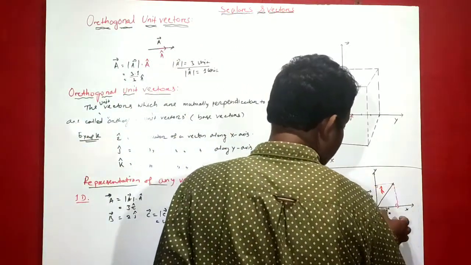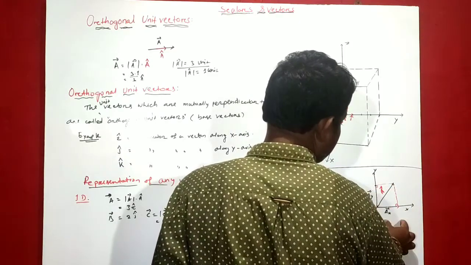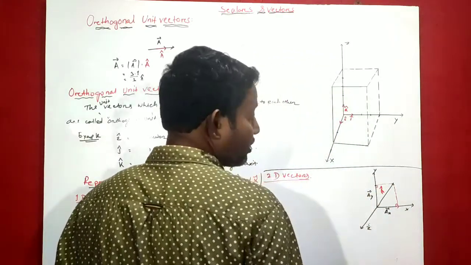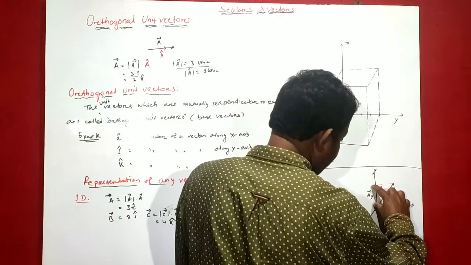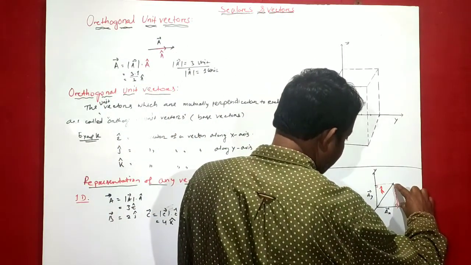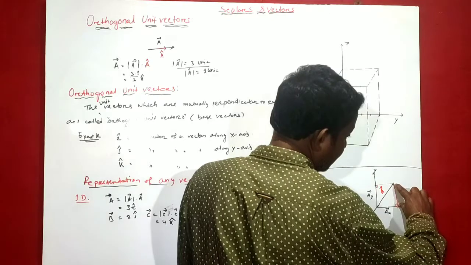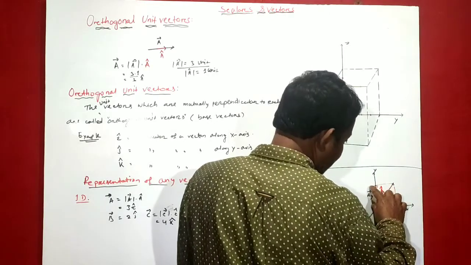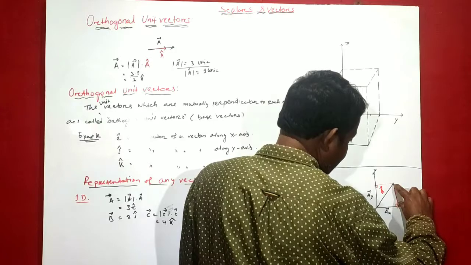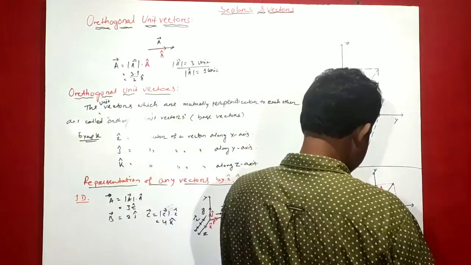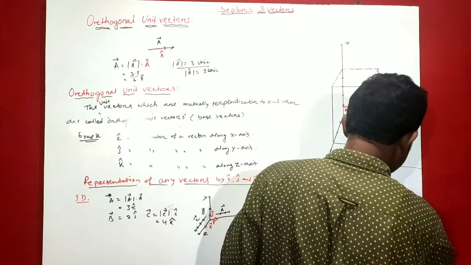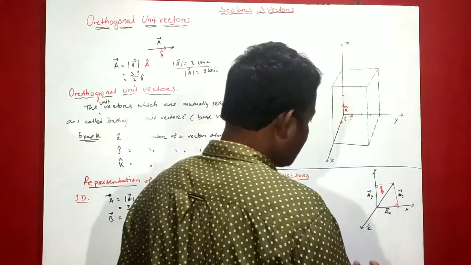Look, if we shift Ay along this perpendicular, this will be Ay vector also.